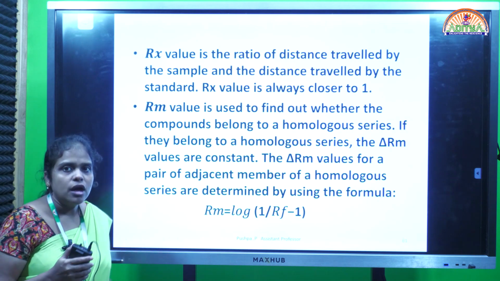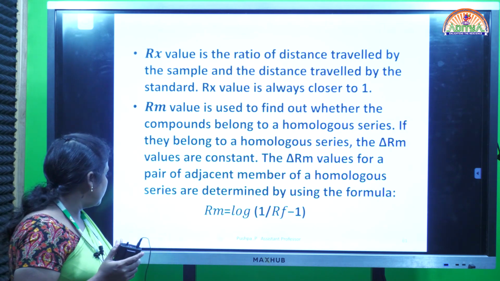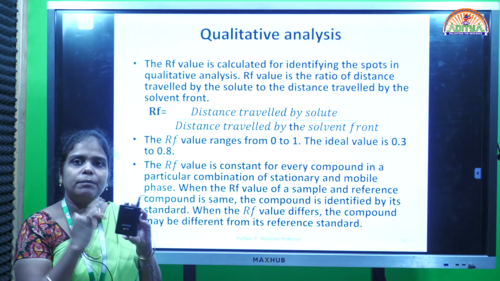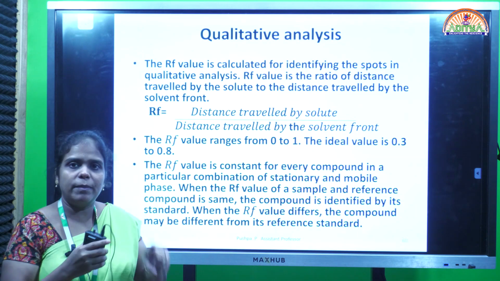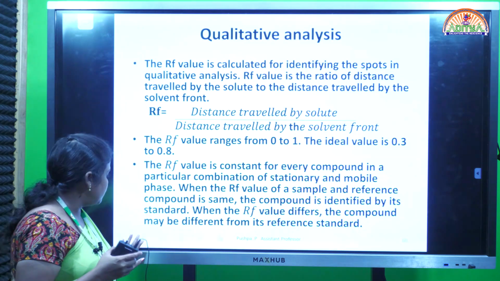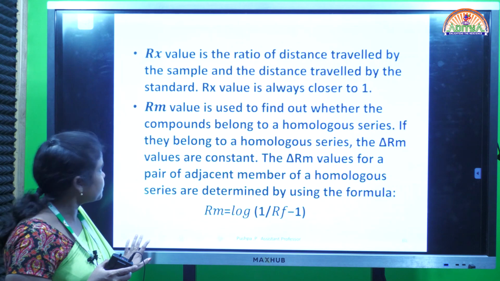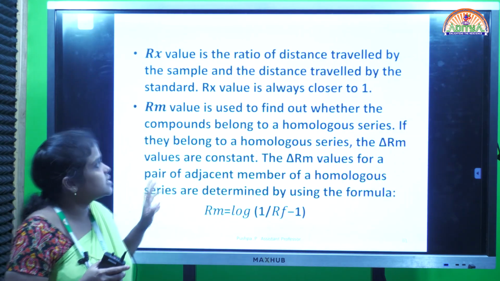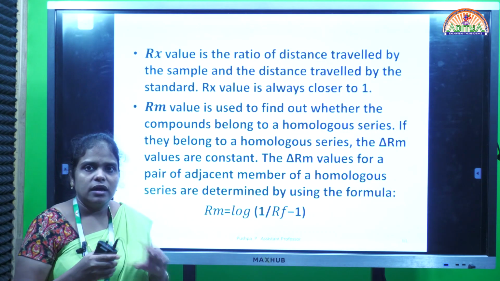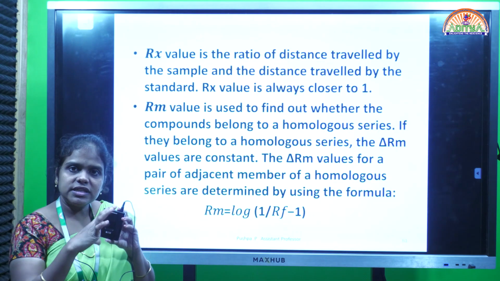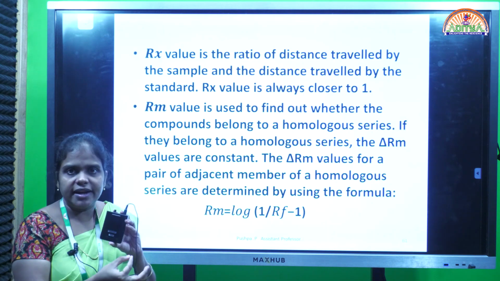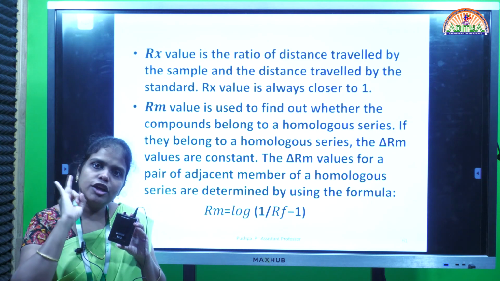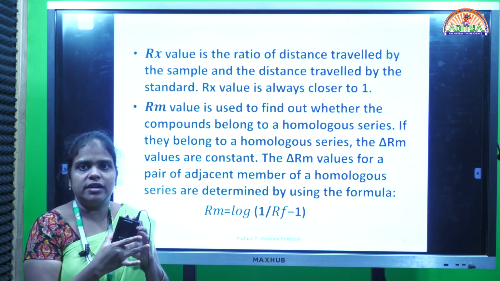Rx value means, first of all, in the Rf value, as I already told you, we see the distance traveled by the sample compared with the distance traveled by the mobile phase. But in the Rx value, we see the distance traveled by the sample and compare it with the distance traveled by the standard. That means along with the sample we also spot the standard. Standard means you already know the compound name and how much distance it will travel.